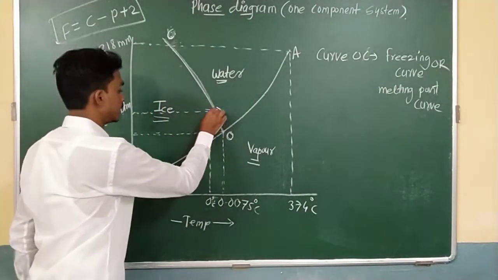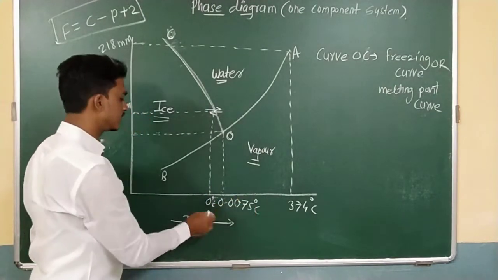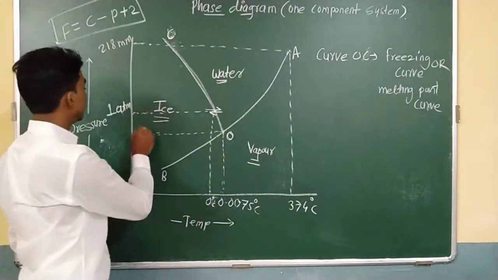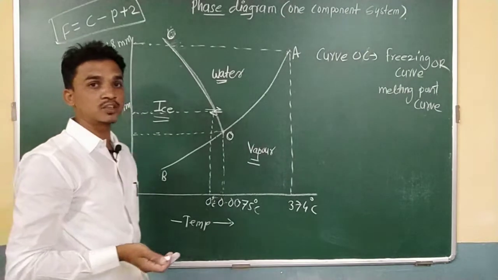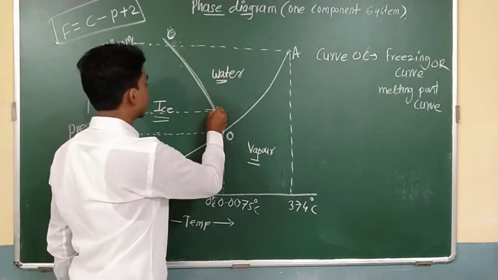If I decrease the temperature from 0.0075 degrees Celsius to 0 degrees Celsius and increase the atmospheric pressure to 1 atmosphere, what happens?